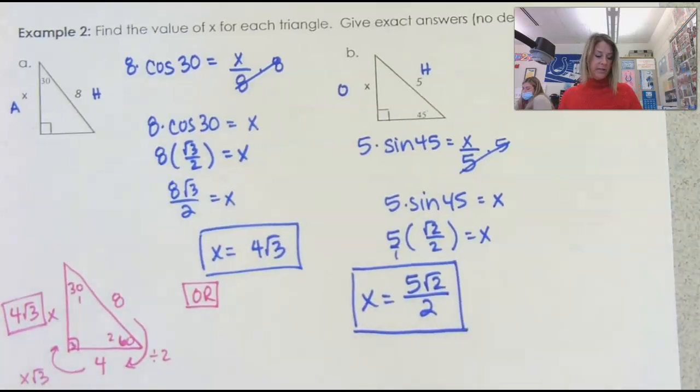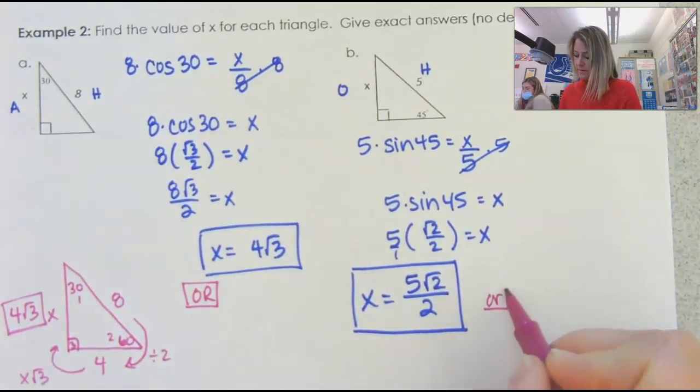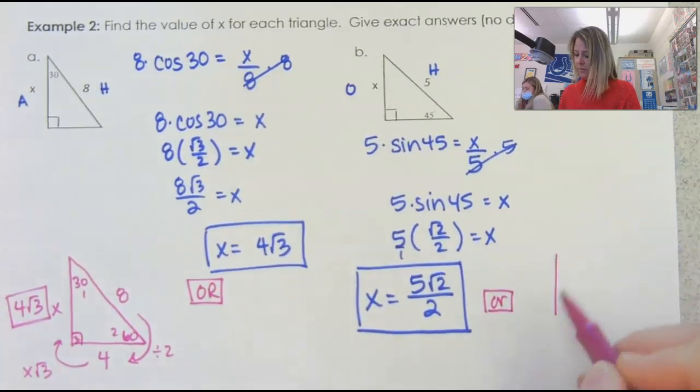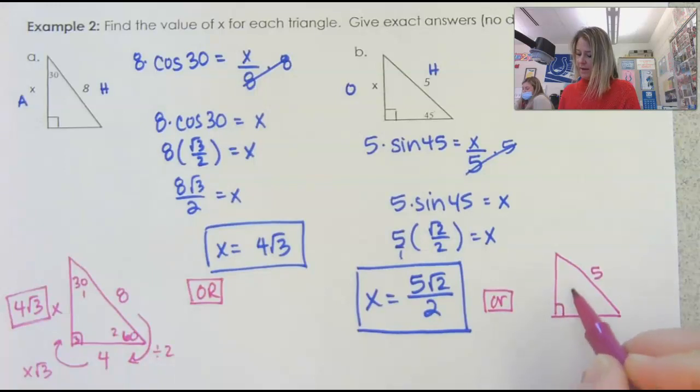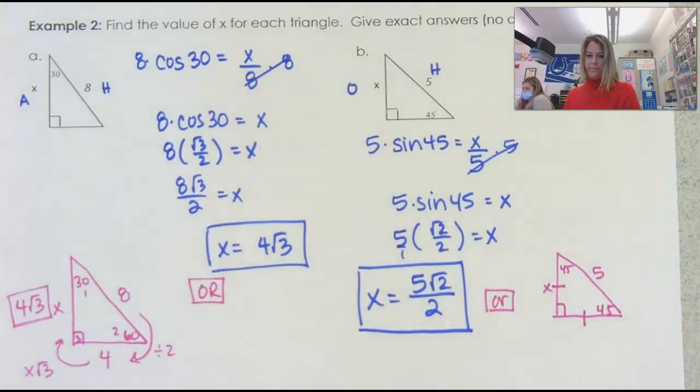If I was using my special right triangles with the 45s, I had a 5 here, I had a 45 here, which means that's a 45. This is the x. These are the same.